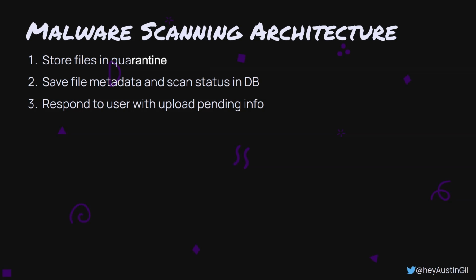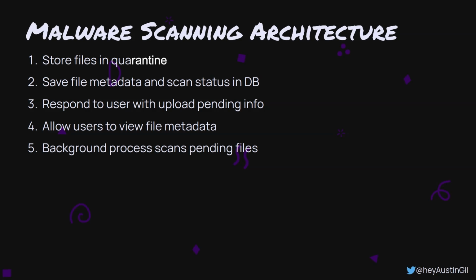If it makes sense for your application, because you have access to the metadata, you can allow users to view the file's metadata, but maybe not download the file, because you don't necessarily want to potentially distribute malware to other users. And in the background, you're going to have some process that is scanning any sort of pending file, reading information from the database, finding all the files that have not been scanned and scanning them.